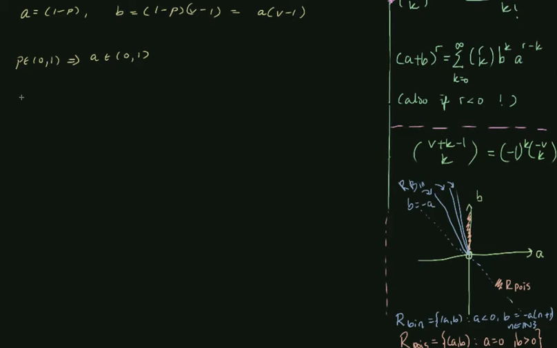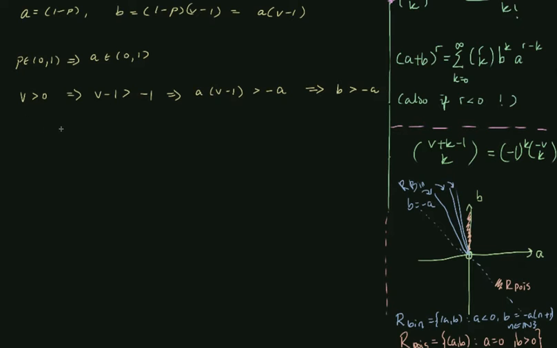And apart from that, we can see that b is equal to a multiplied by v minus 1, and v is greater than 0, so that implies that v minus 1 is greater than minus 1. And that implies that a multiplied by v minus 1 has to be greater than minus a. So that means that b has to be greater than minus a.